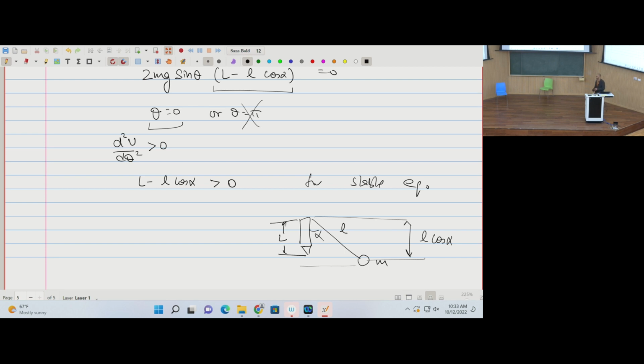So typically for equilibrium, the first question we have to answer is, what are the equilibrium positions? Second is, are these stable or unstable? What kind of equilibrium?